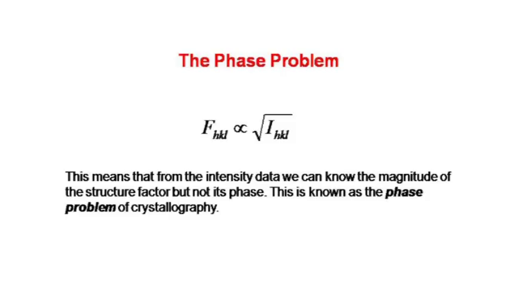So we have an observed structure factor that has no phase, and we have to try and phase that structure factor to give us the model. And this not knowing of the phase is called the phase problem of crystallography, and it's fundamental to the crystallographic approach.